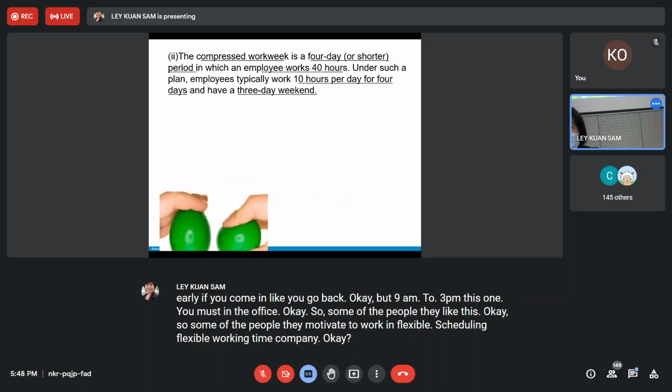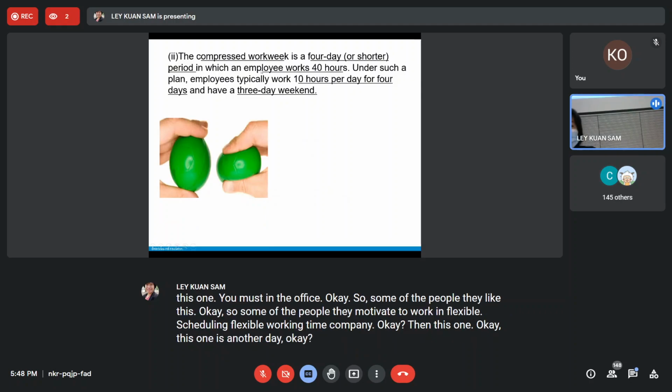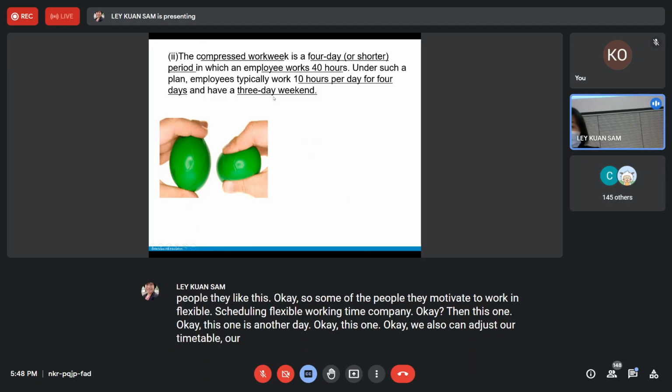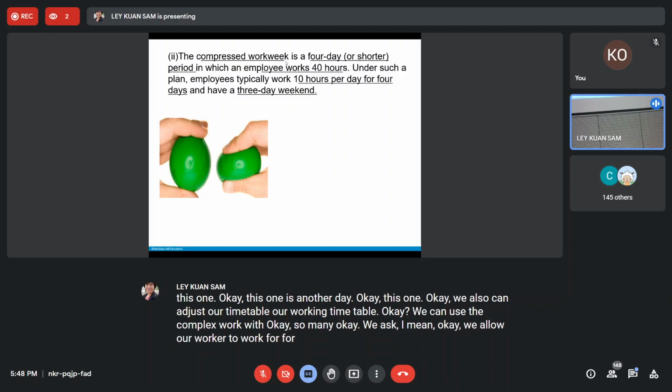Then this is another technique. We can also adjust our working timetable. We can use the compressed work week, meaning we allow our workers to work 40 hours in 4 days, and then they can rest 3 days.